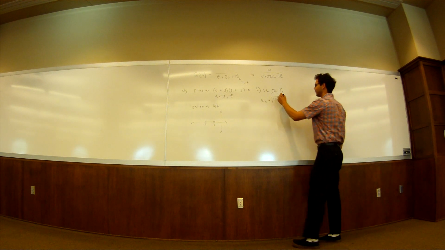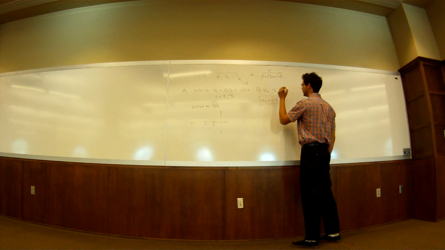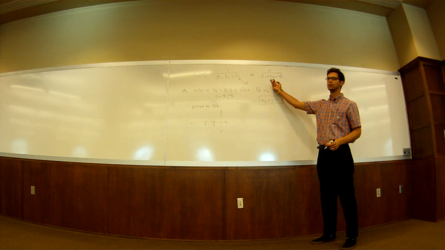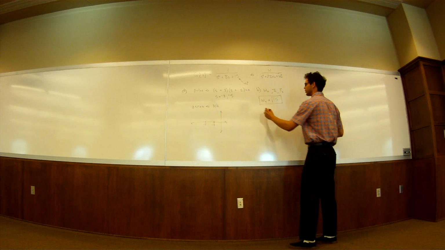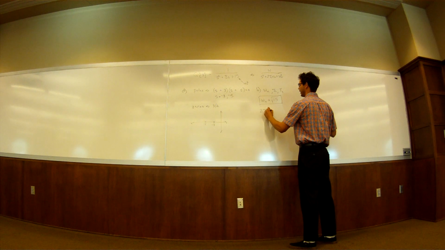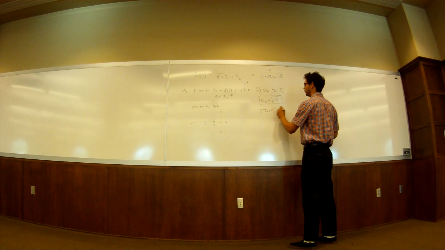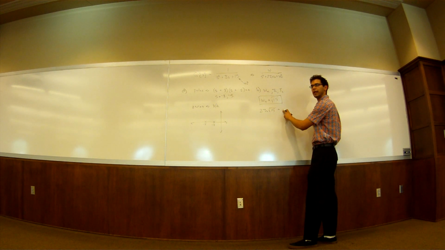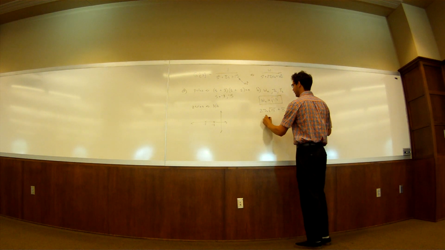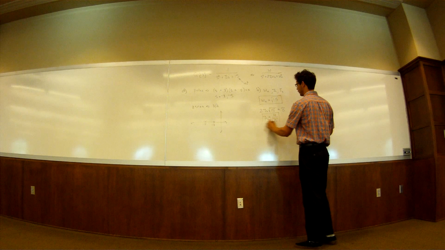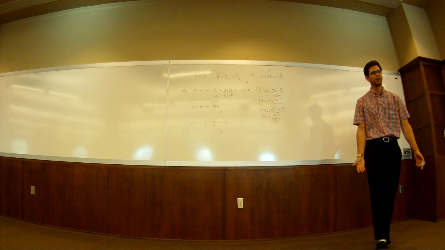Okay, how do you find zeta? Just do 2 zeta omega n, with omega n the square root of 15, equals what? 8. So then zeta is 4 over square root of 15. Again, I don't know exactly what that is.